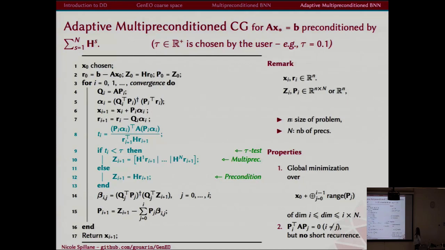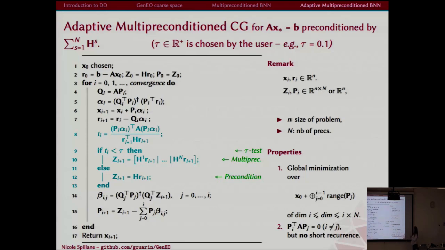And then what the algorithm does is that it has a preconditioning step here in blue, which either does a multi-preconditioned iteration, in this case here, or it does a preconditioned iteration, in this case here. And we have a test, which we call the tau test. I'll tell you a bit more about that on the next slide, which allows us to decide which kind of iteration we are going to do.